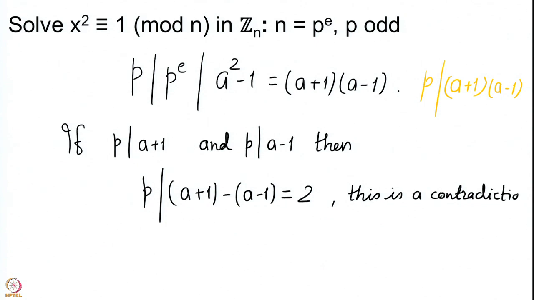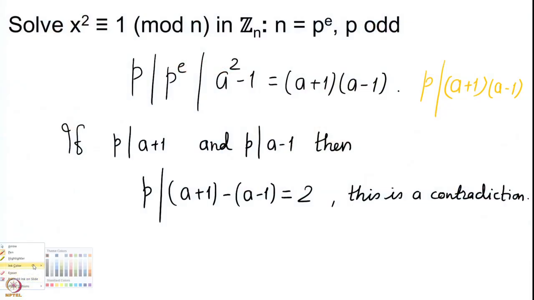Because p is an odd prime. p being a prime, when it divides 2, it will have to be equal to 2, but p is odd and 2 is even. So, this contradiction says that the initial assumption that we had, that p divides both a plus 1 and a minus 1, cannot hold. So, p will divide exactly one of them.